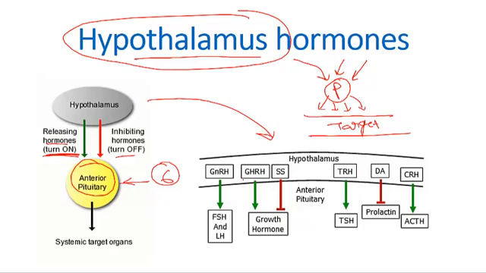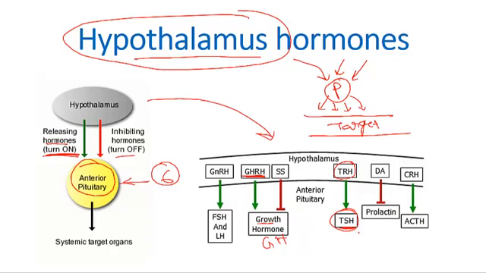So the hypothalamus produces different sorts of releasing hormones. For example, growth hormone releasing hormone, or GHRH. This growth hormone releasing hormone acts on the pituitary, and it tells the pituitary to release growth hormone. For example, thyrotropin releasing hormone: if it is released and acts on the pituitary, then only the pituitary produces thyroid stimulating hormone.